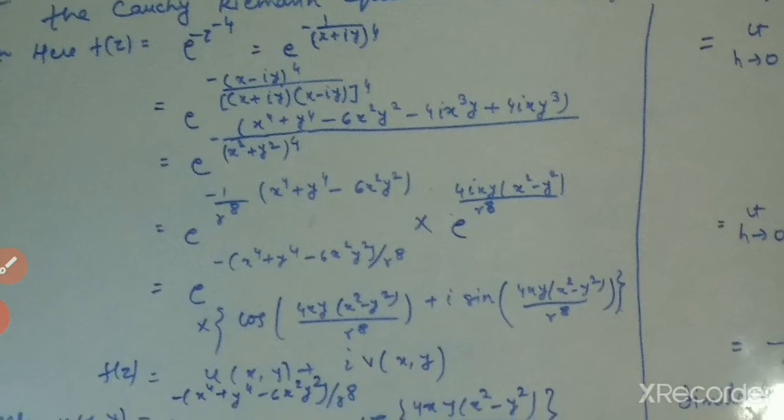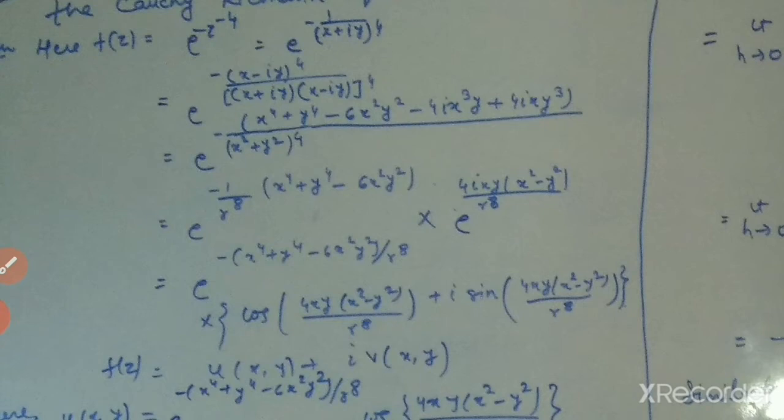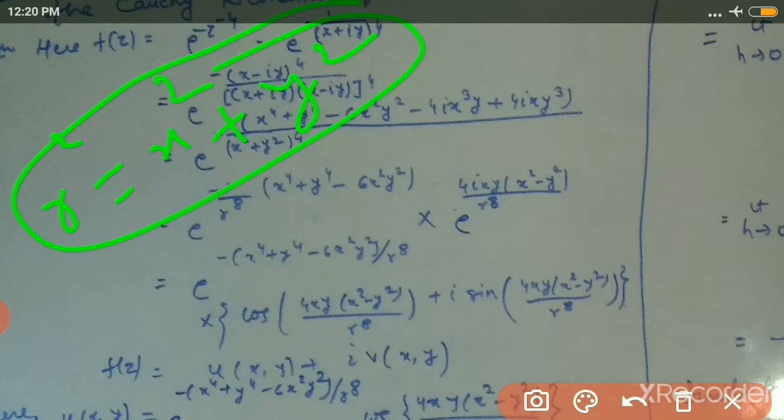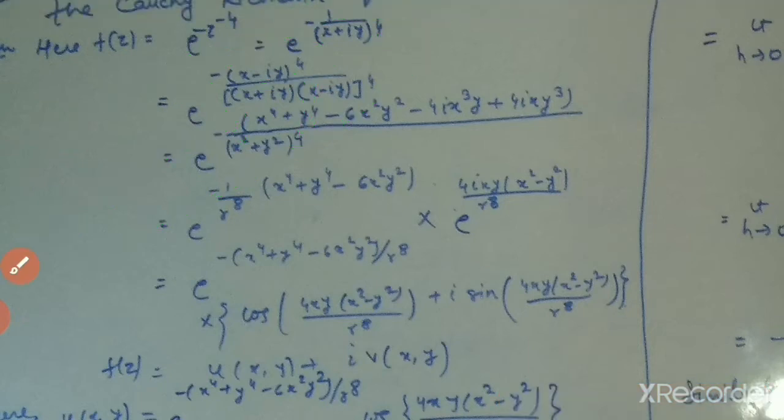In the next line we are going to write e to the power minus 1 by r^8. Why is this r^8? Because r^2 is x^2 + y^2, so r^2 to the power 4 gives r^8. From the numerator we have two parts, one real and the other imaginary, so we write the function with the real part and the imaginary part separated.